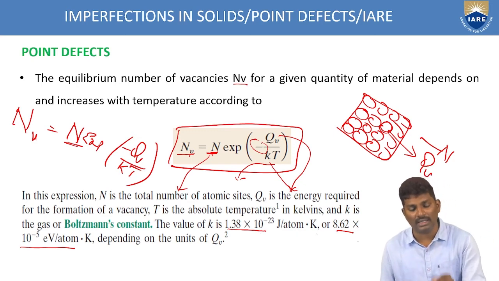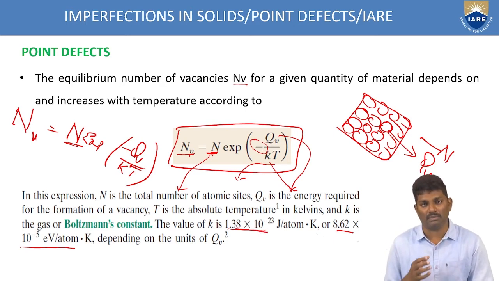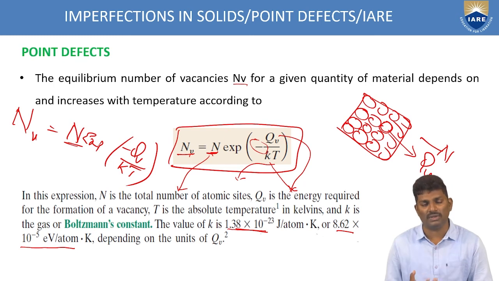K refers to the Boltzmann constant, 1.38 × 10^-23 joules per atom, and capital T refers to the absolute temperature. So these are the values you need in order to find the number of vacancy atoms for a given quantity of matter.